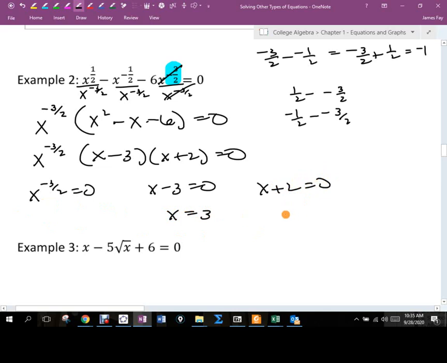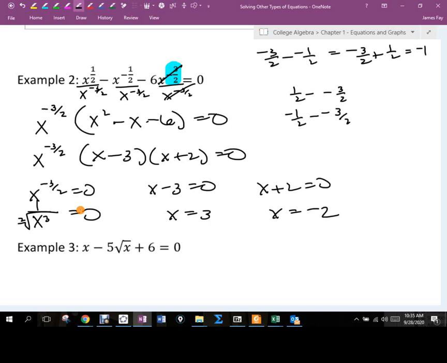x is 3, x is negative 2, and here, what is this going to be? It'd be 1 over the square root of x cubed equals 0. And that's the same idea as what we did previously when it was 1 over radical x. That's not going to produce anything. I can't let x be 0 because I get 1 divided by 0.